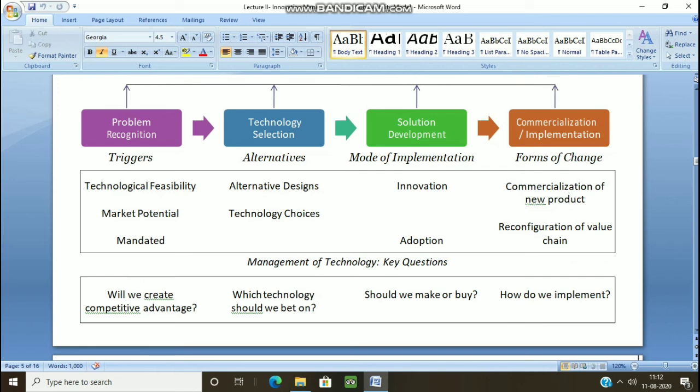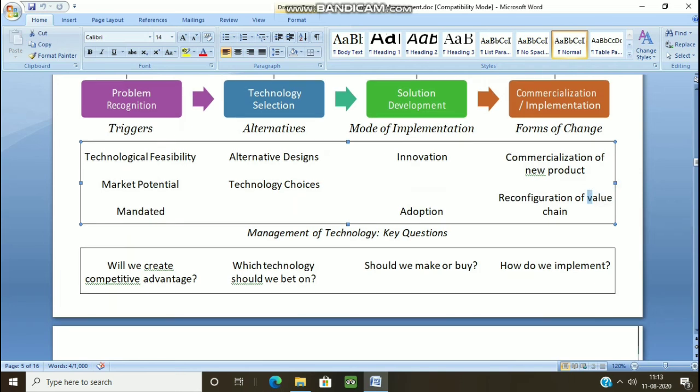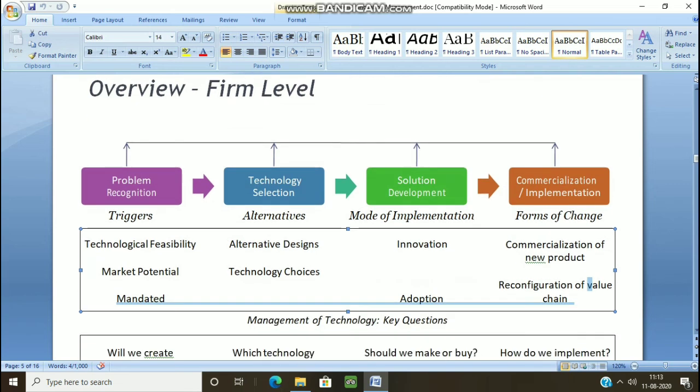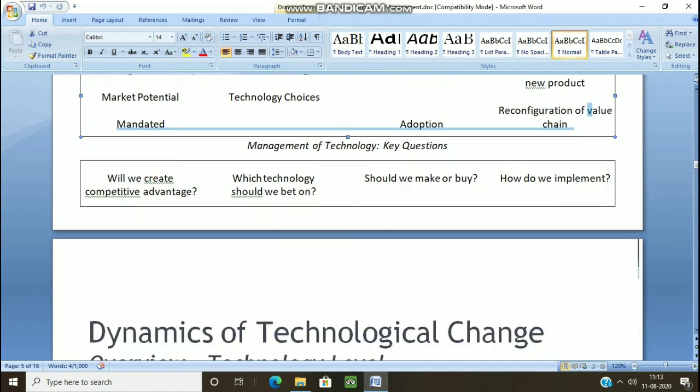Basically, commercialization and implementation says how do we implement and configure the value chain. Everybody knows the meaning of value chain? In marketing you learn about the value chain, and sometime before I told you what the value chain is in a diagram. So this is the overview of the dynamics of technological changes at the firm level.